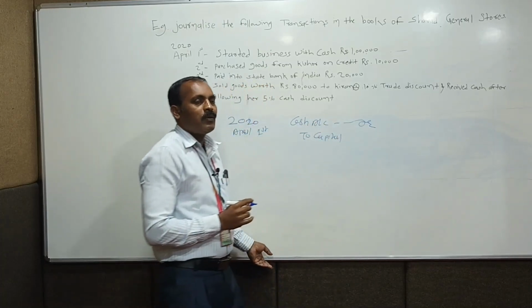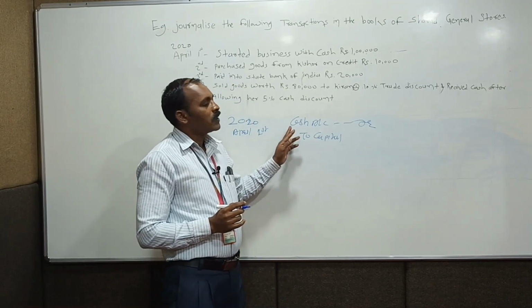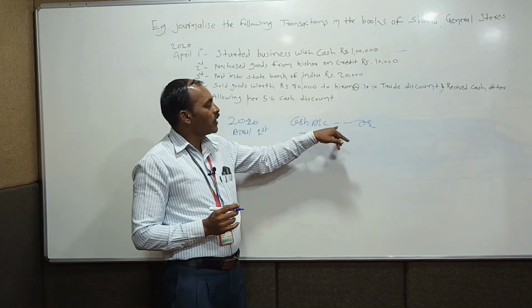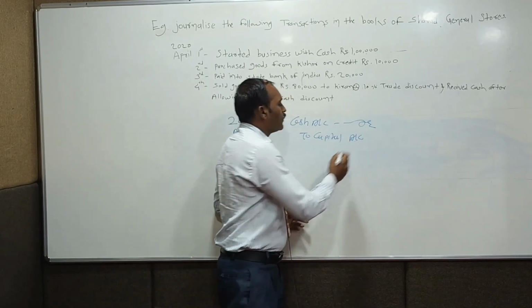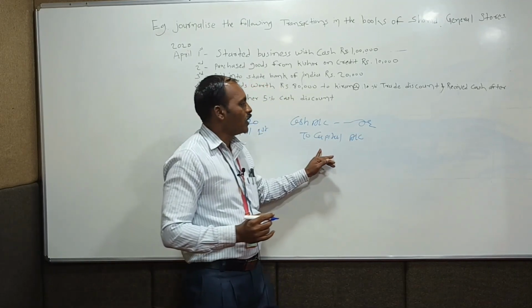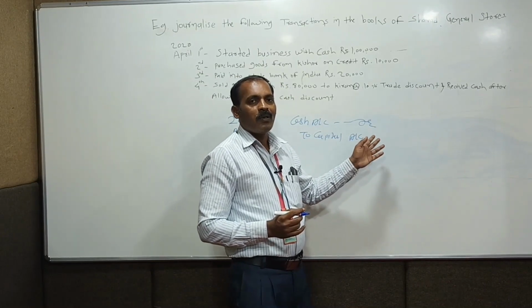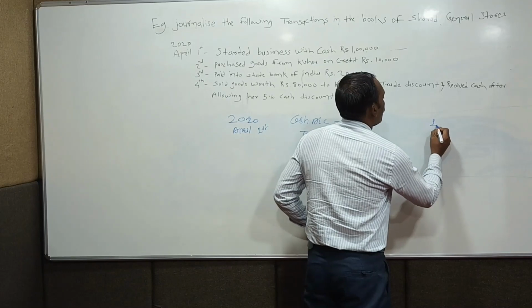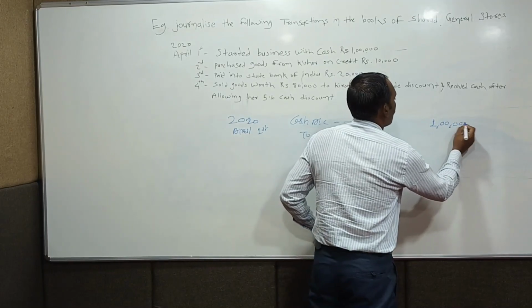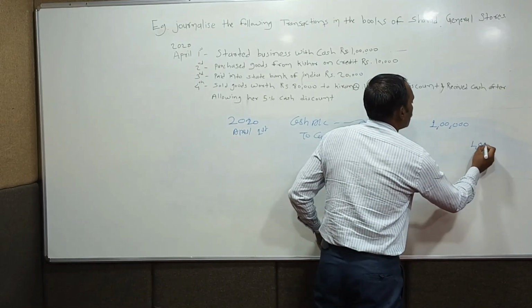Then the amount of cash is recorded in the debit column because the cash account is a debit, and the amount of capital is recorded in the credit column because the capital account is a credit. In the LF column, no figure or word is recorded. So in the debit column rupees 1 lakh, and in the credit column rupees 1 lakh.